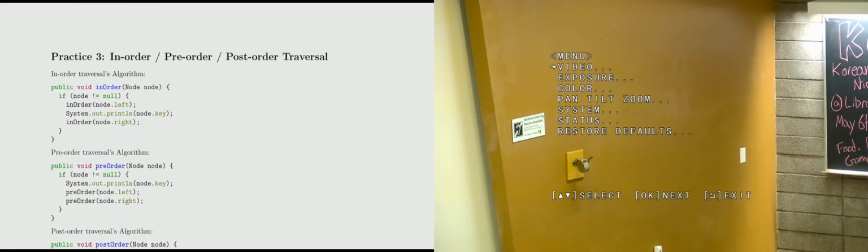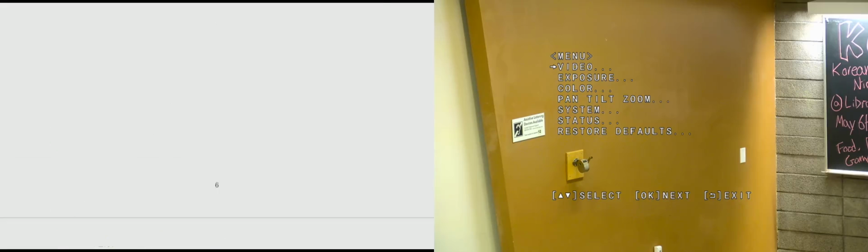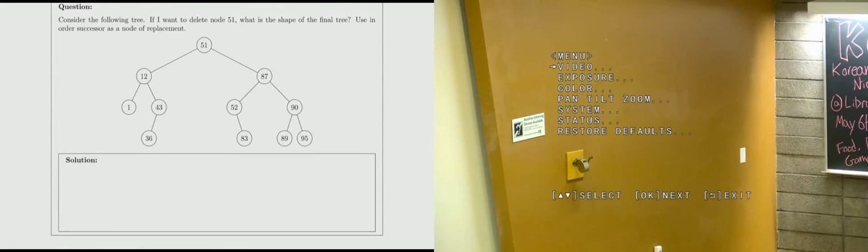Okay, it seems that I forgot the insertion part, but do we want to do a practice on insertion? Yeah, sure. Okay. Let's say I want to insert 85 into this binary search tree. What is the path that I need to be comparing every single node? What node will I be comparing, and what is the parent node of 85?